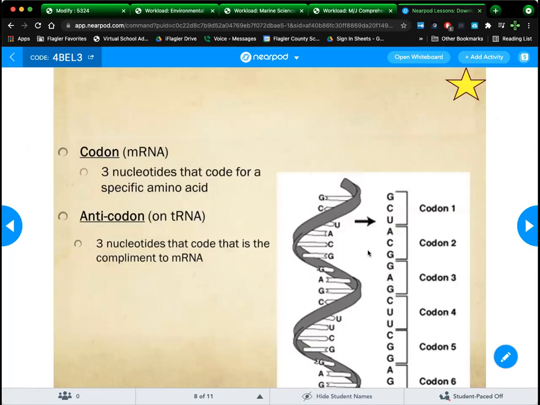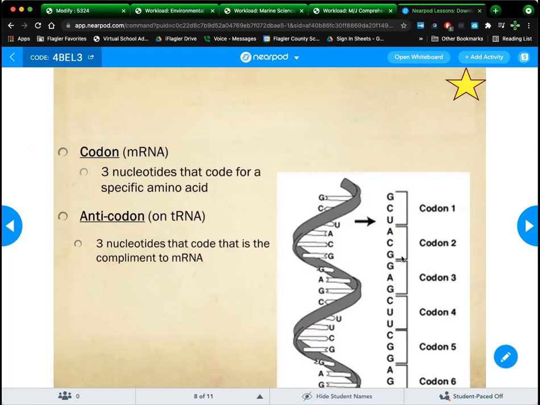All right, and kind of on the same line, just some terms you'll see. When transcription occurs, you have mRNA, which is what we could call a codon. Think of a codon. It's just 3 of these letters together. Codon, it's a code. So every 3 letters is going to represent a specific amino acid.